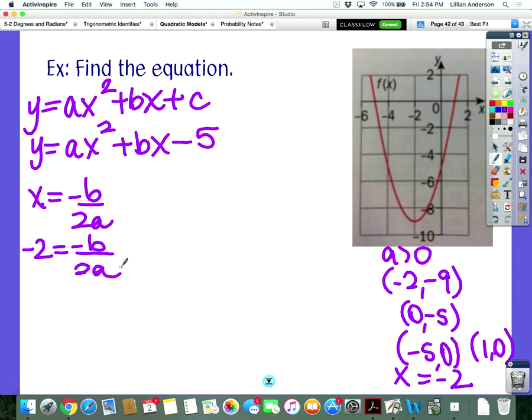Now, if I wanted to solve for one of my variables, how do I get rid of this denominator? Multiply it. 2a times the -2 is -4a, equals negative b.